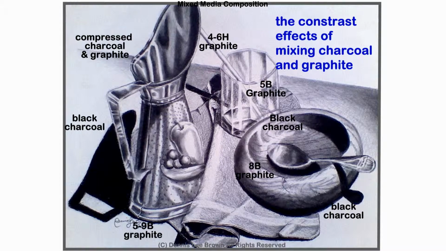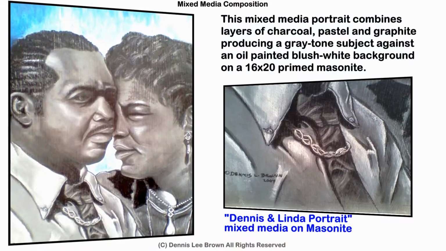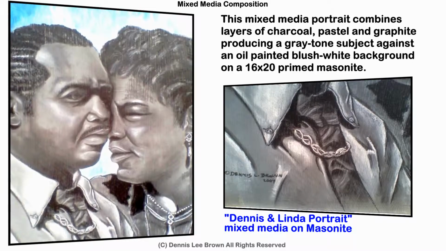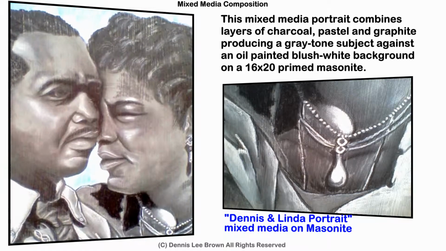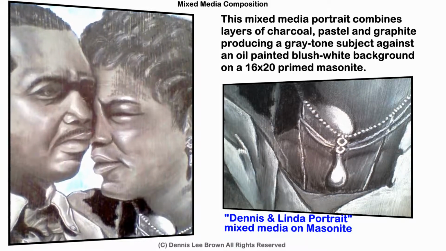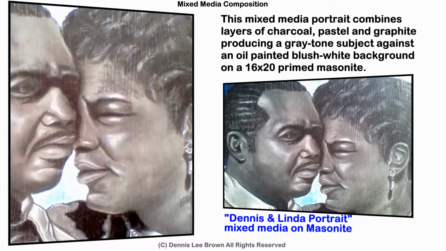Mixing charcoal and graphite produces striking contrasts. This mixed media portrait combines layers of charcoal, pastel, and graphite, producing a gray tone subject against an oil-painted bluish-white background on a 16 by 20 prime masonite.